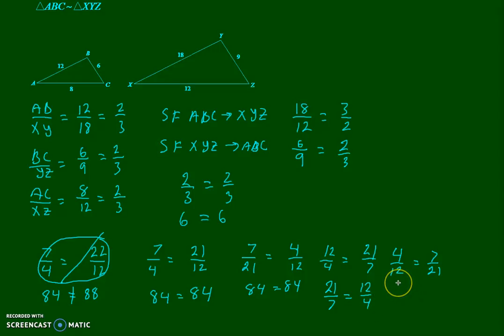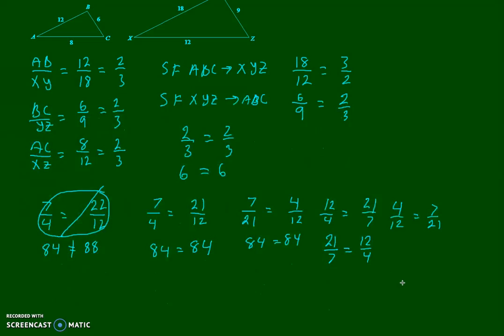And just as an aside, probably one of the most peculiar of the manipulations that you can perform to create a valid proportion is you can add the denominator to the numerator of each expression. You can say 7 plus 4 over 4 equals 21 plus 12 over 12.